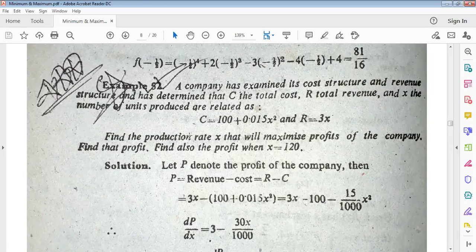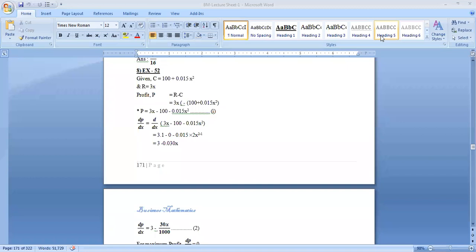Now we'll try to solve this example. In this example 52, the given cost is C equals 100 plus 0.01 x square and the revenue is R equals 3x. Now profit: we know profit equals revenue minus cost. You have to remember it; in business, everywhere, profit equals revenue minus cost.